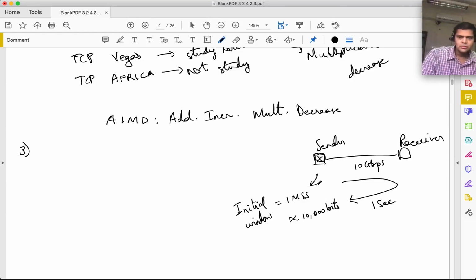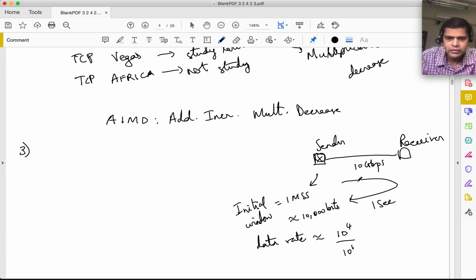So what is our initial data rate? It's 10 to the power of 4 by, this is really large, 10 to the power of 10. I beg your pardon, sorry, we need to divide by 1.